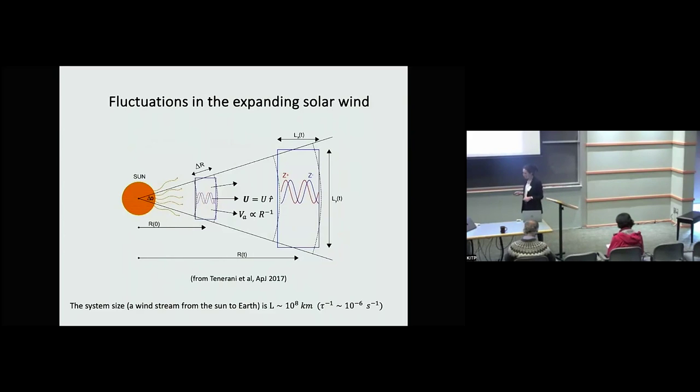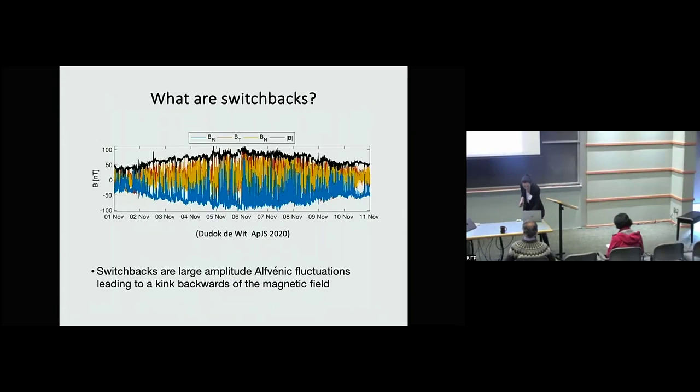Okay, now we have discussed at length that solar wind fluctuations display all the symptoms of a turbulent medium. How do these fluctuations actually look at the MHD scales? What I'm showing here are magnetic field measurements from Parker Solar Probe during its first orbit.